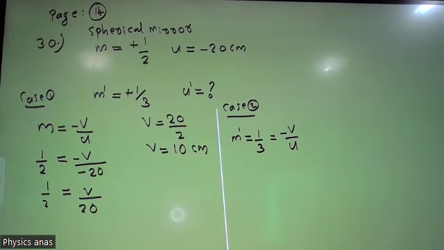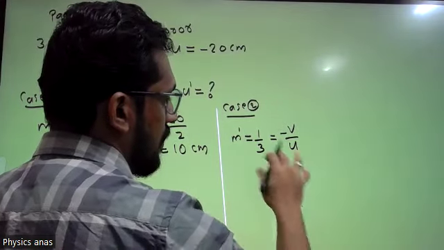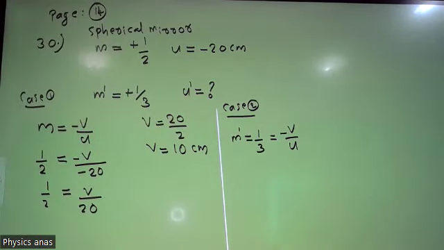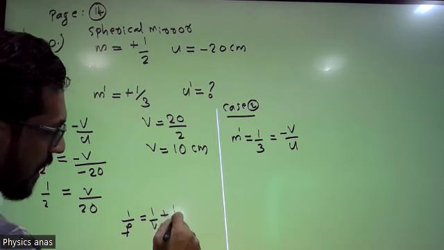This must be a little complicated. What is the focal length from here? You have v and you have u. You can find the focal length of this mirror from the equation of focal length, 1 by f is equal to 1 by v plus 1 by u, right?